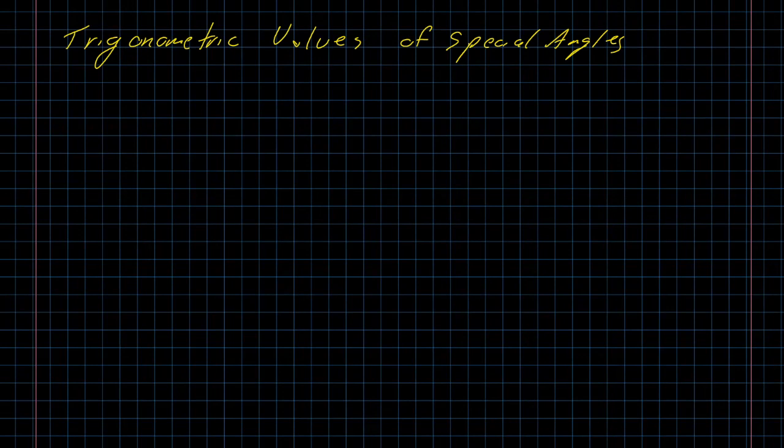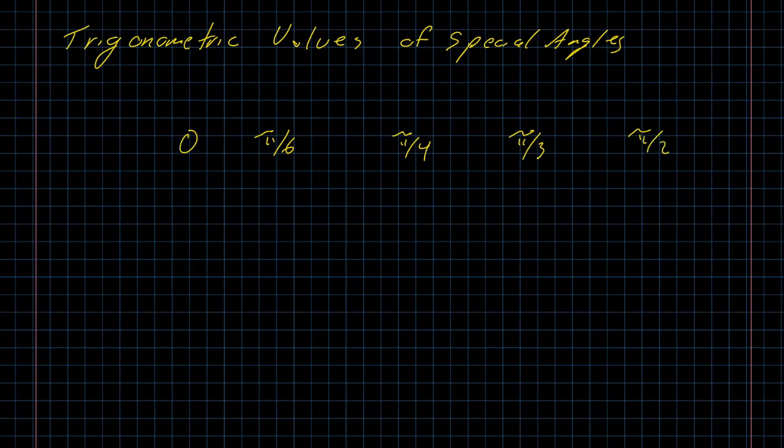When we are working with trigonometry in this course, we are almost always going to end up at one of the special angles. The special angles are 0, pi over 6, pi over 4, pi over 3, and pi over 2.